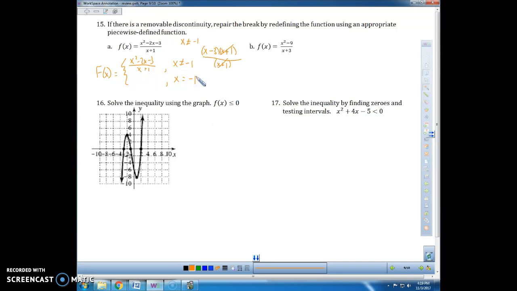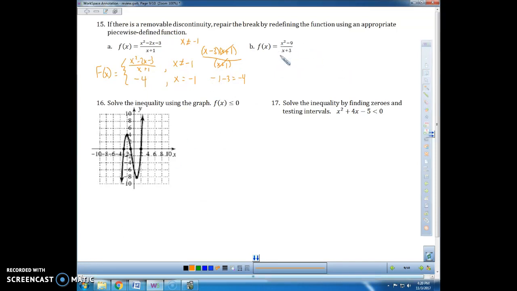This is where negative 1 is going to go in. So negative 1 minus 3 is negative 4. And so that is the value that we're going to put right here. Get rid of that little parenthesis, we didn't need that. Okay, checking the next one.